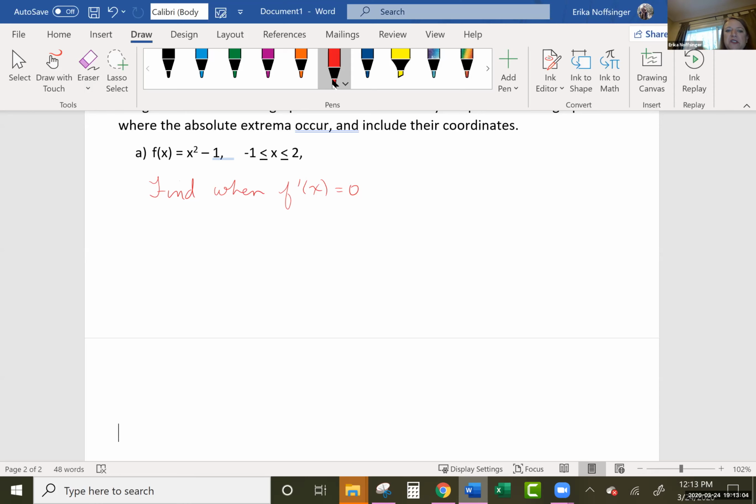First thing you want to do is find the derivative. The derivative of f of x is 2x. And it's pretty easy to see that 2x is equal to 0 when x is equal to 0.